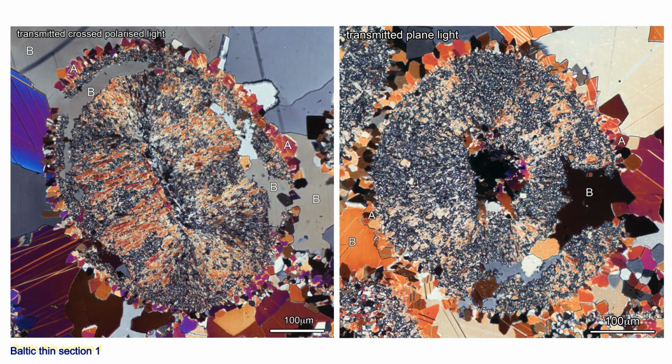The cross-polars images show how some single cement B crystals can be traced from an intergranular pore through the ooid's fractured margin into cavities within the ooid's cortex.